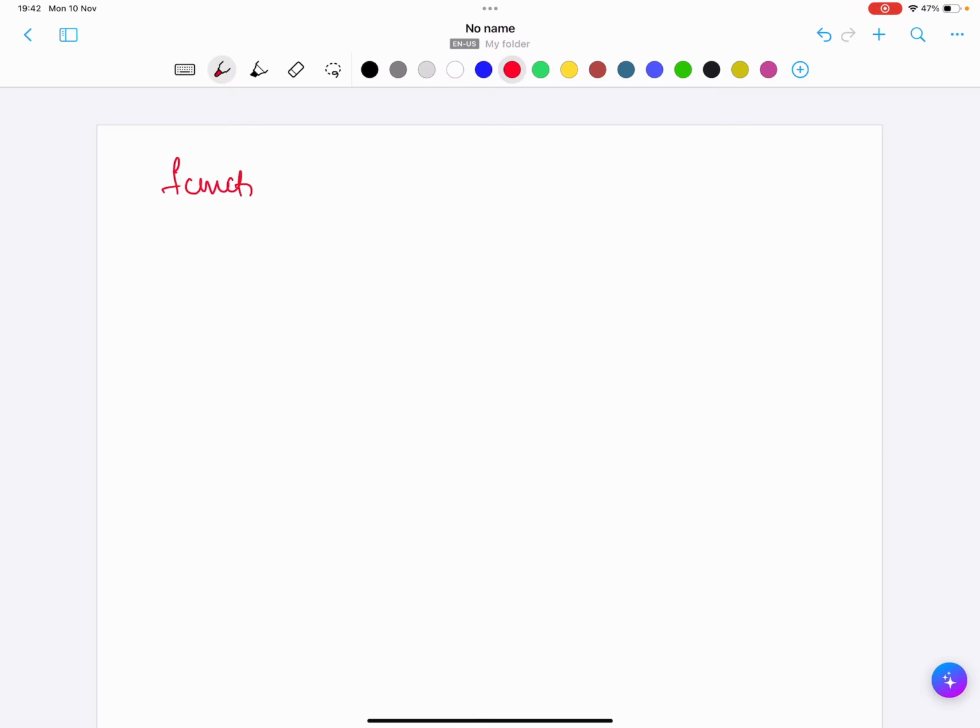I would like to write function, and you can represent a function in many ways. You can represent it verbally, with a verbal definition.